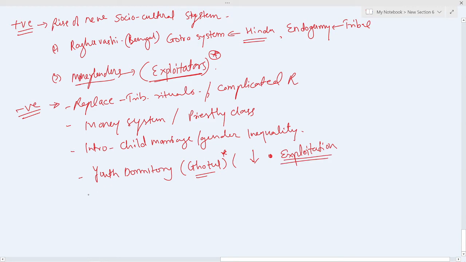As far as the dormitory is concerned, various practices are performed here which are life-important and necessary skills. One of them is sexual intercourse, where the elder girls of the dormitory teach the younger boys of the tribe about intercourse, and that is how the dormitory performs. Now this particular thing was exploited by outsiders.